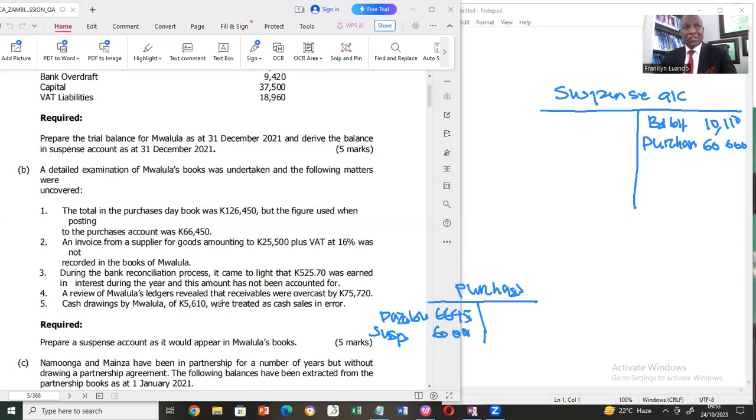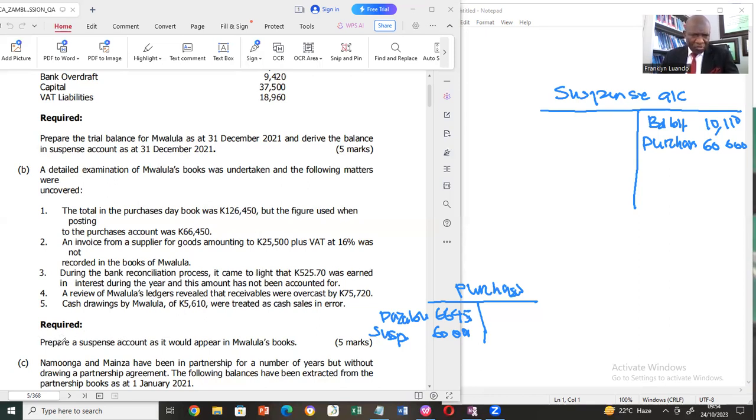When a transaction is completely omitted from the books, it does not affect the suspense account because it does not affect the trial balance. So this was not recorded. During the bank reconciliation process, it came to light that 225.2 was earned in interest during the year and this amount has not been accounted for. So even this one won't affect.